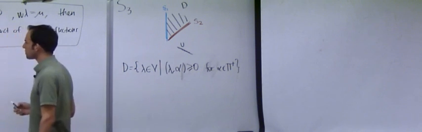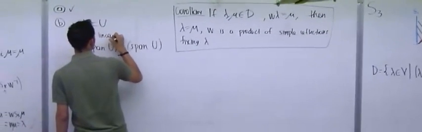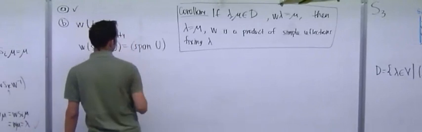So W fixes U if and only if W fixes the whole span of U, by linearity of how W acts.